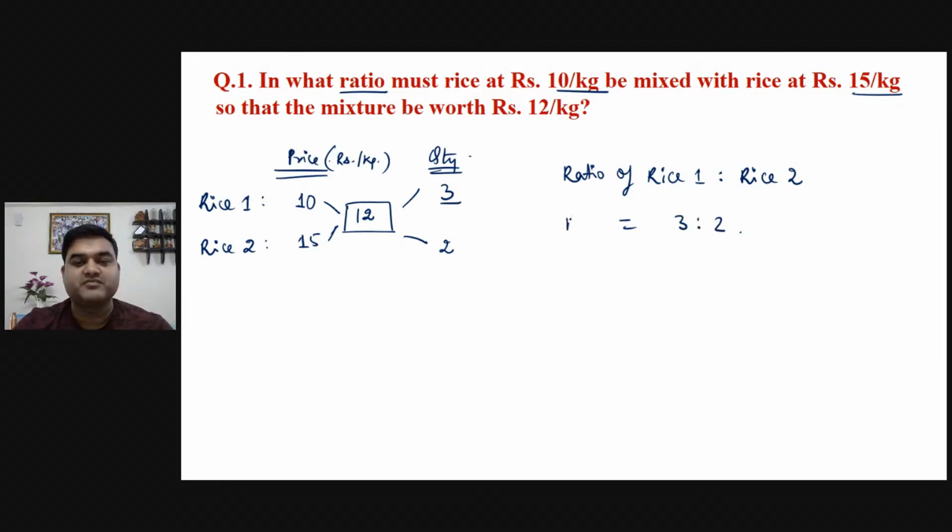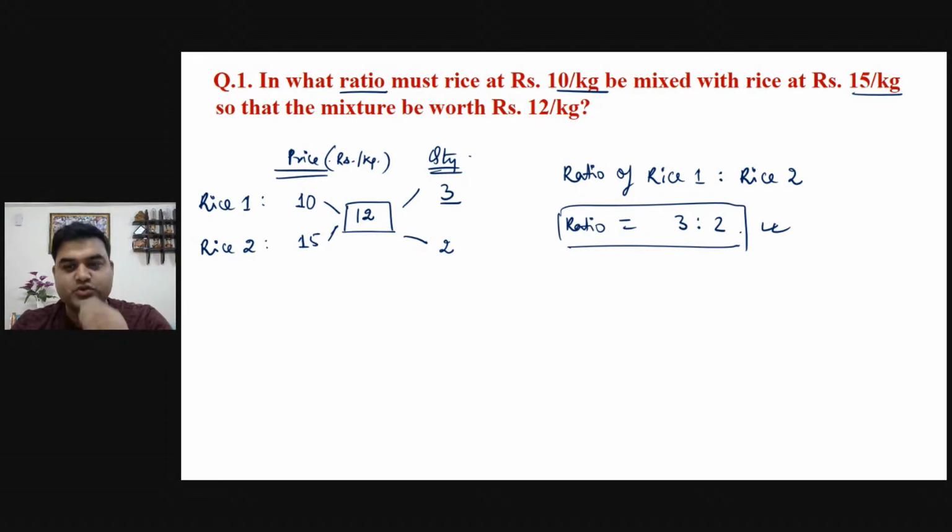This is the answer. So the asked ratio is this. Hope you have understood. This is the easiest way of doing questions based on mixture and alligation, my dear friend. You cannot find a better way of doing this. We are not trying to find the value of x, which is another way of doing mixture and alligation.